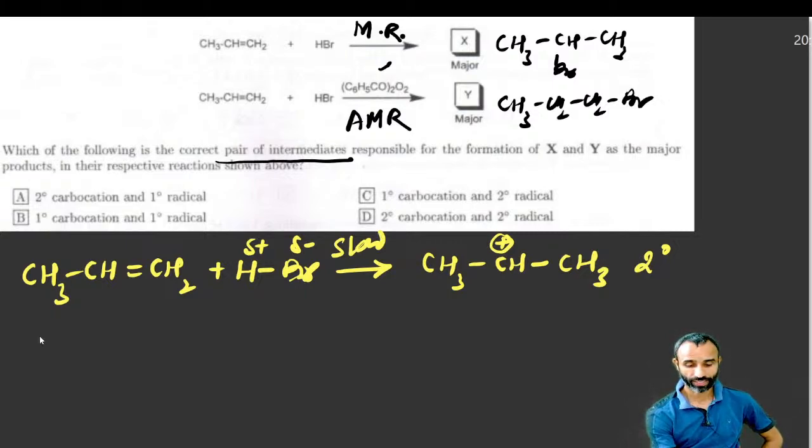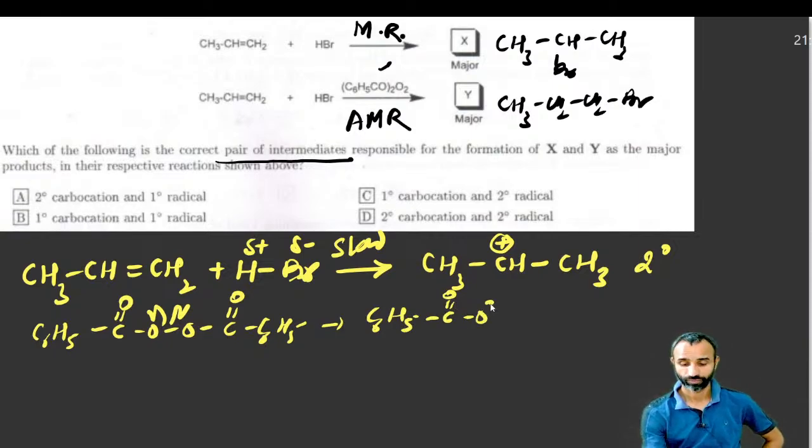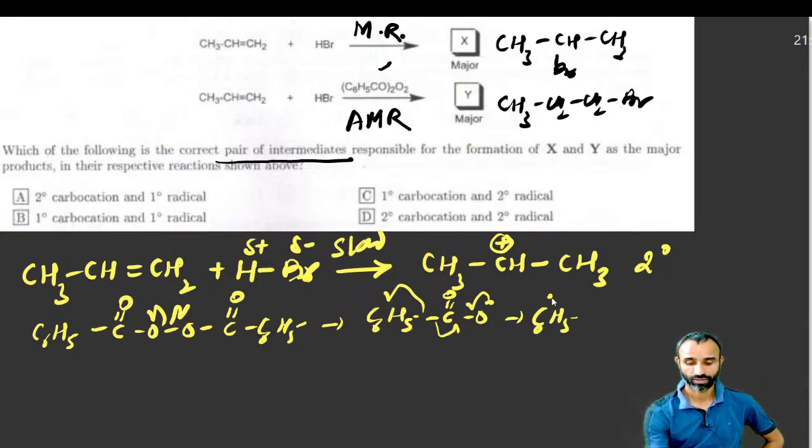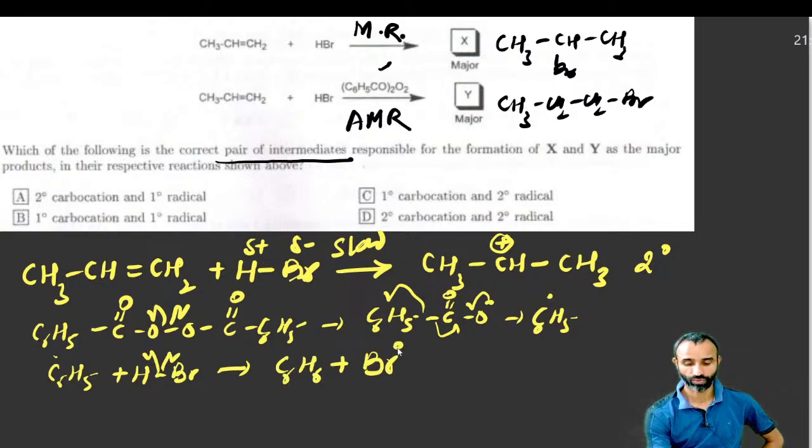In the second case, first of all we have benzoyl peroxide. So there is homolysis. We get benzoyl free radical. Then ultimately we get phenyl free radical. This phenyl free radical reacts with HBr, and we get benzene along with bromine free radical.